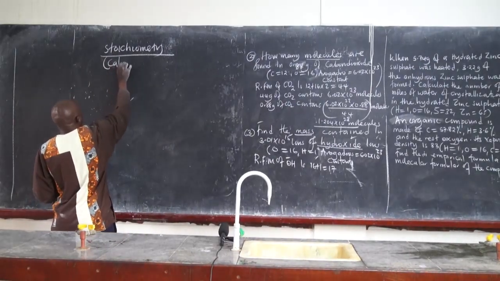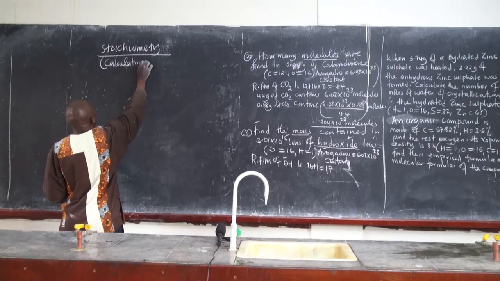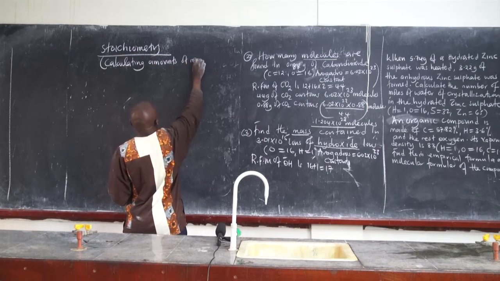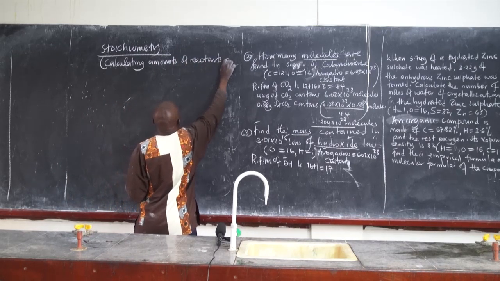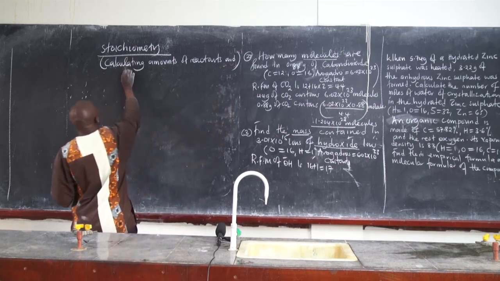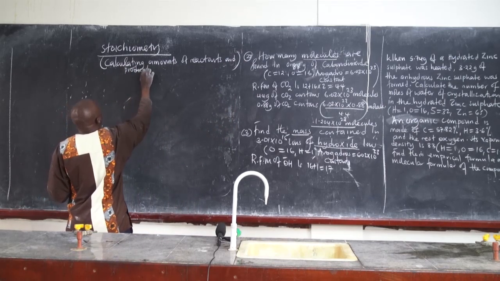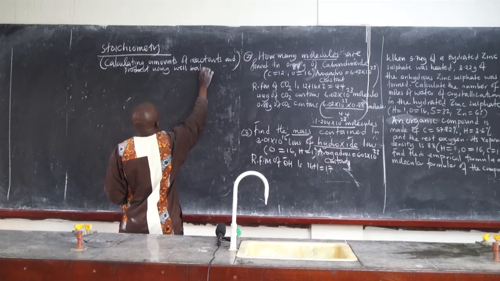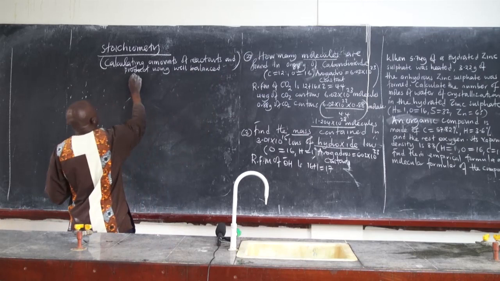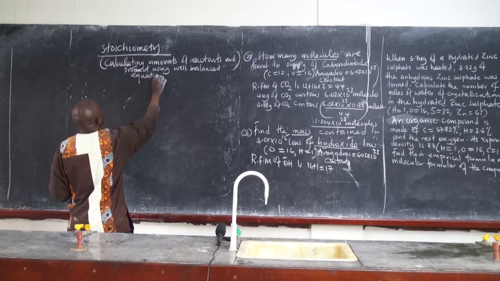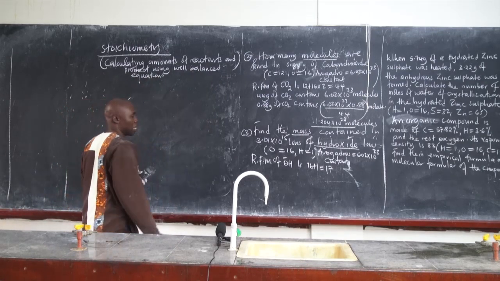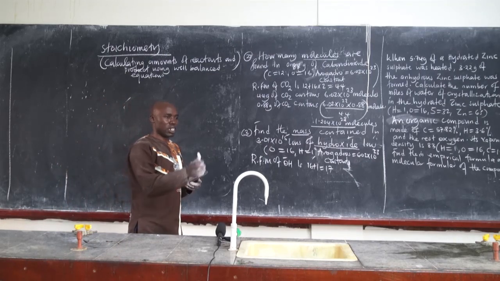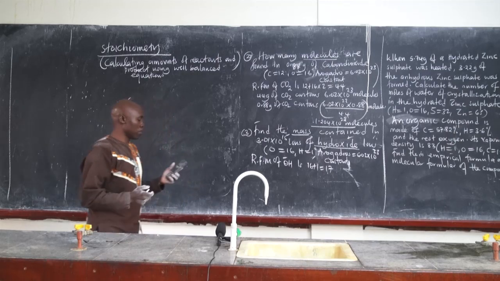Rather, we can simplify it as calculating amounts of reactants and products using well-balanced equations, or the way the amount of products and reactants are related by a well-balanced equation. So you look at how much products are there, how much reactants are there by a well-balanced equation.